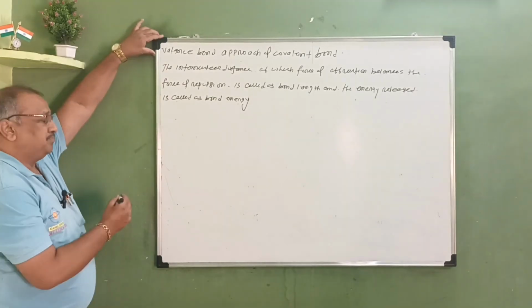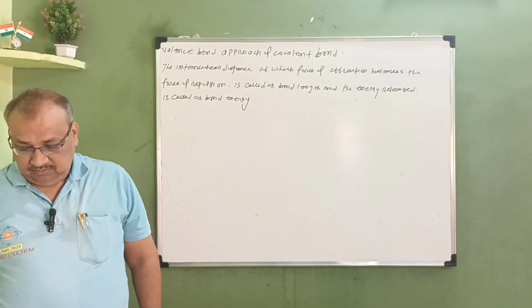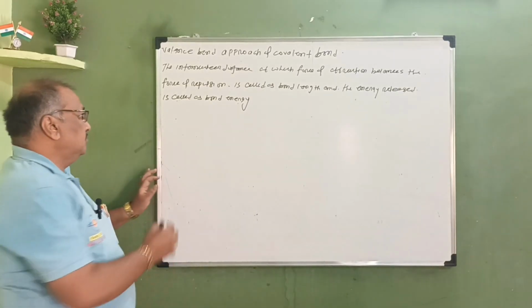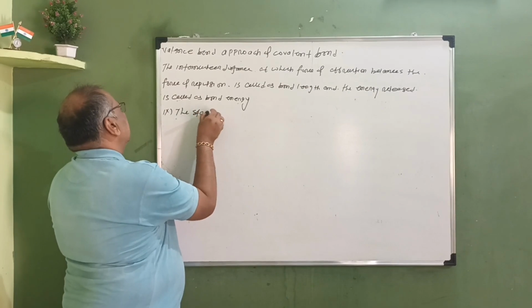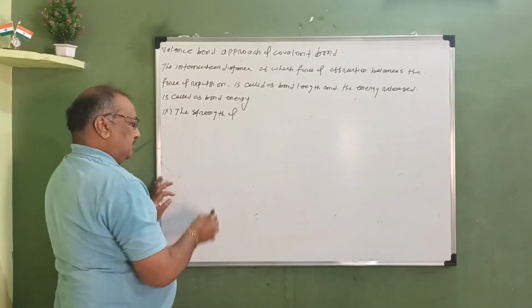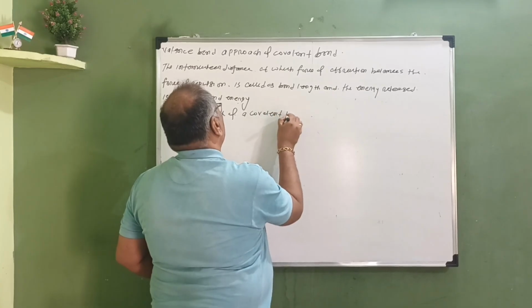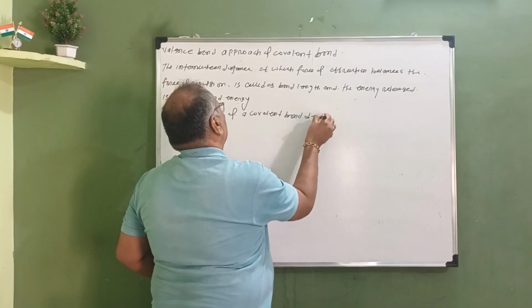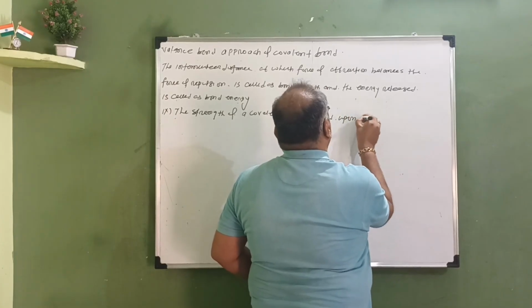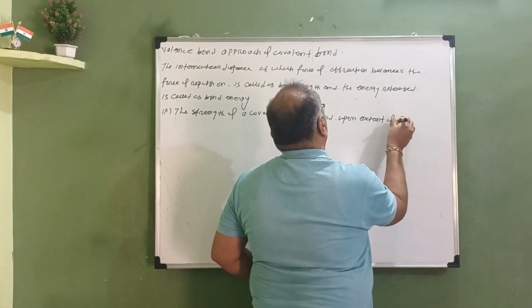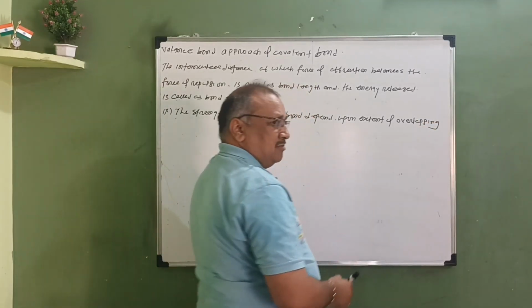Now here, next number. The strength of a covalent bond depends upon the extent of overlapping.